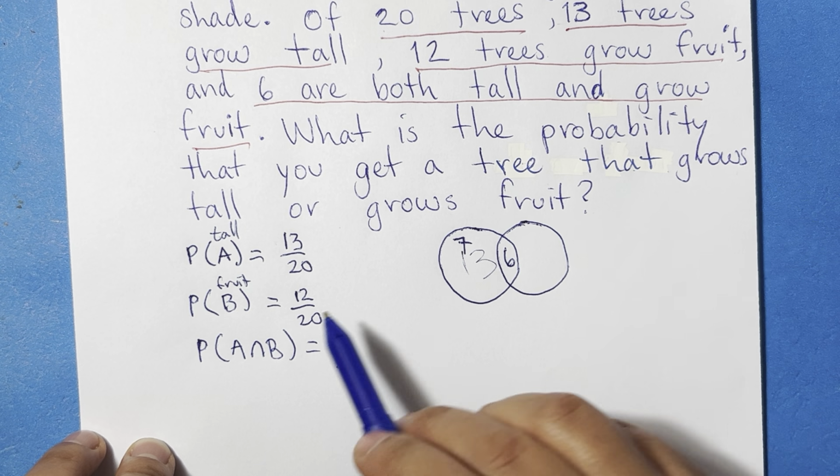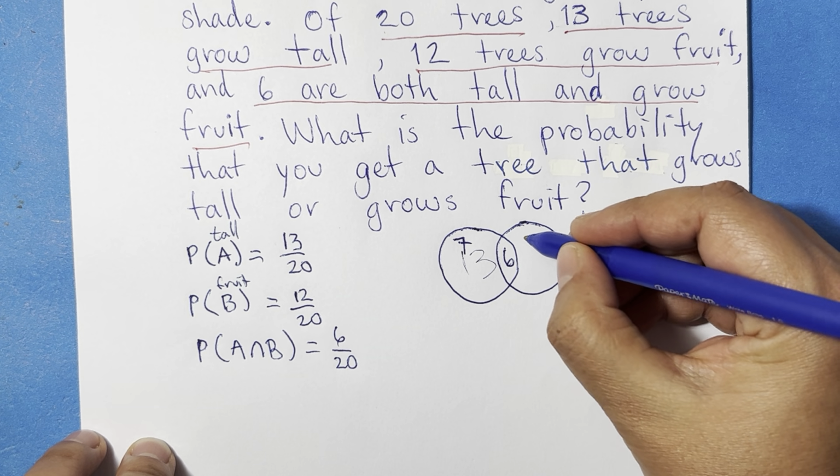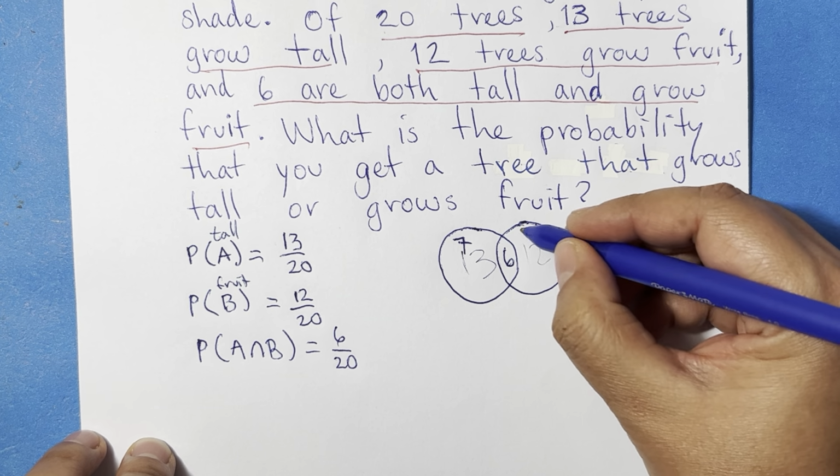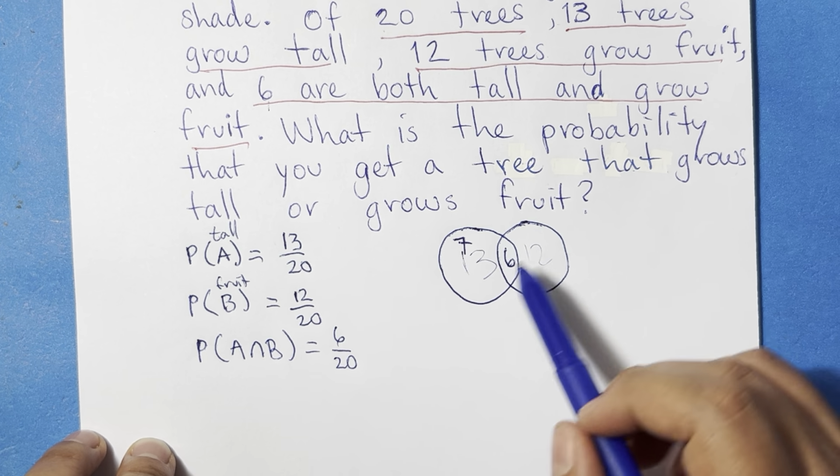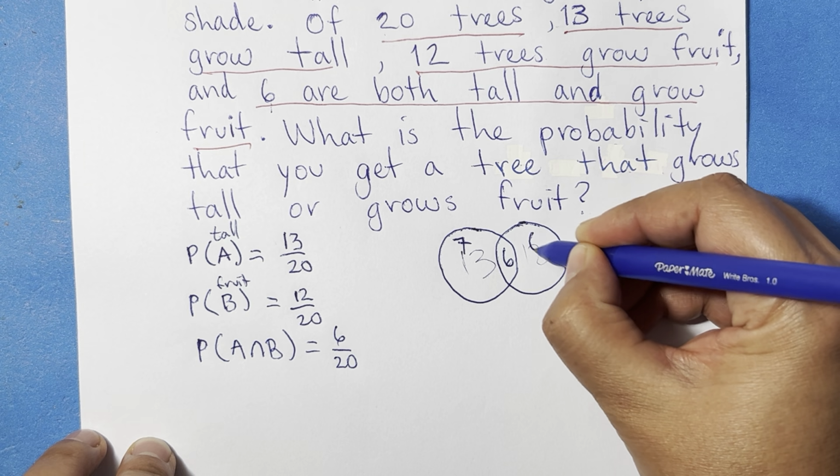Event B is 12. So you would put 12 in here, but that includes the entire circle, including those 6 that they describe in here. So in reality, this will be 6.